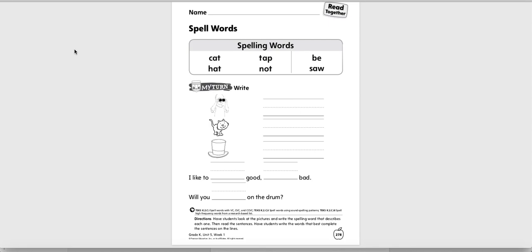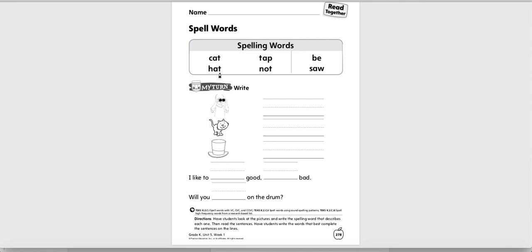Now we're going to work on some of our spelling words. We're going to look at the pictures and write the spelling word that describes each one. Let's look at our spelling words first. Can you sound it out? K, a, t, cat.